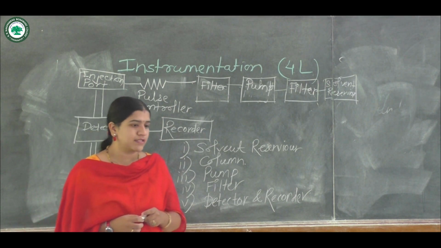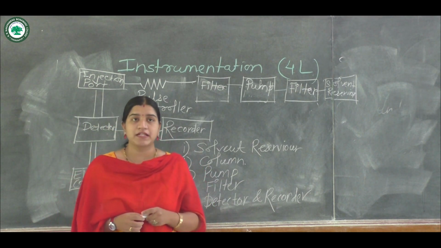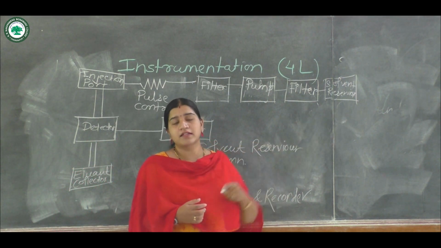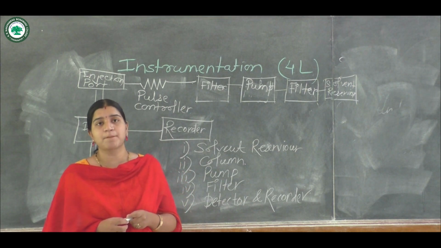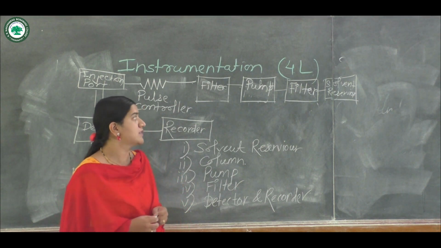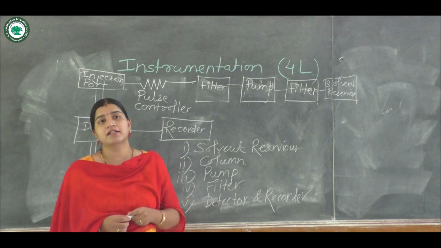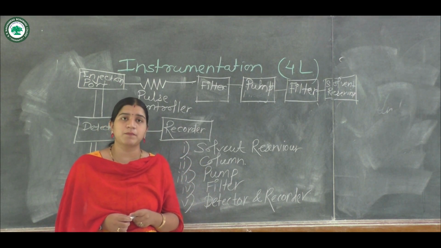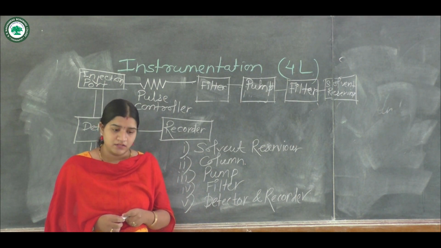Whenever you are analyzing a sample by using the HPLC technique, the solvent reservoir is there. In the solvent reservoir, your sample is initially properly mixed with your solvent system, or you can say the mobile phase. After this, the filter is there, because HPLC is a highly sensitive technique. Even an impurity at the ppm level will give you extra peaks in the diagram.